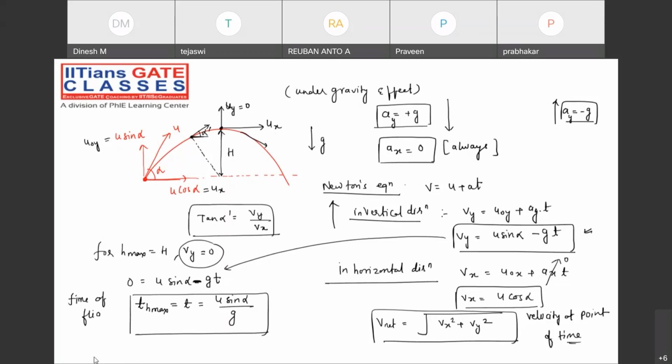No, not time of flight. This is called time to reach the top of the projectile path. Very, very important. Note down.